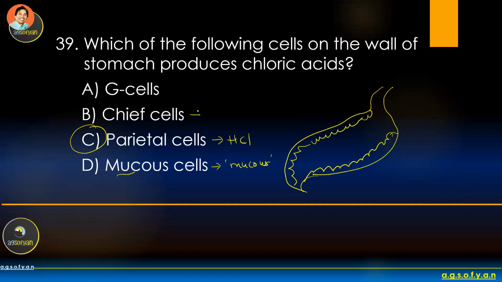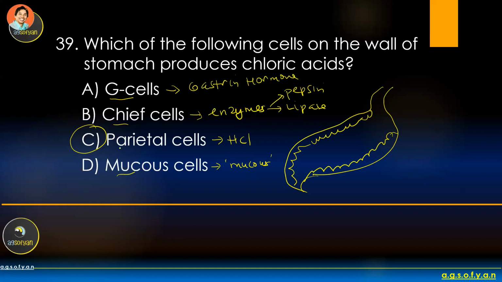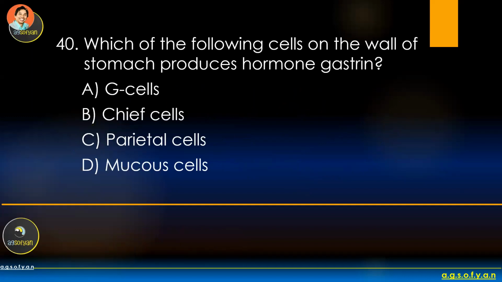Chief cell is the one that produces enzymes, like pepsin and lipase. So these are the two enzymes produced in the stomach, produced by the chief cell. G cell is the one that produces a hormone called gastrin. Okay, so the one that produces the hydrochloric acid in the stomach is the parietal cell.